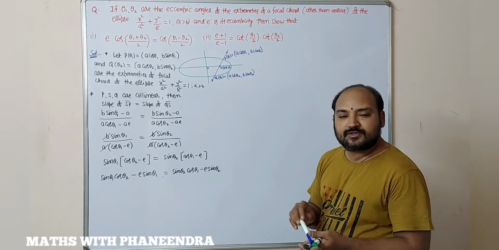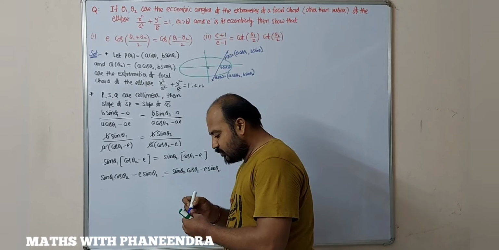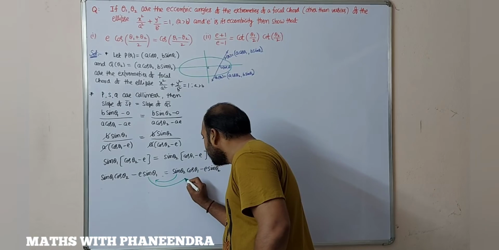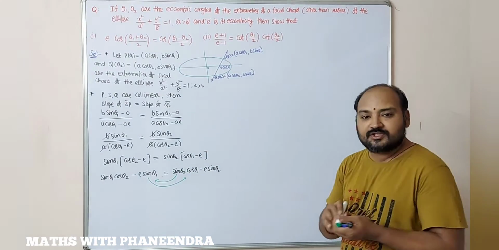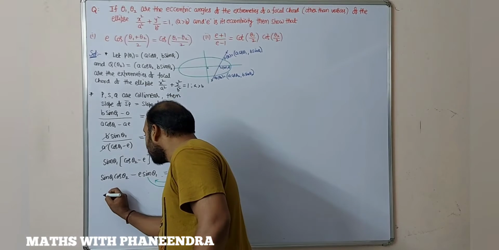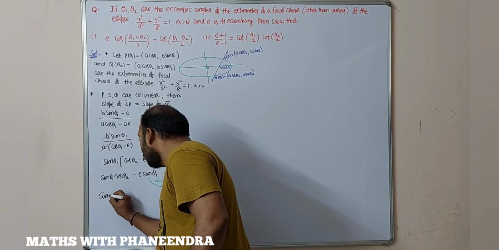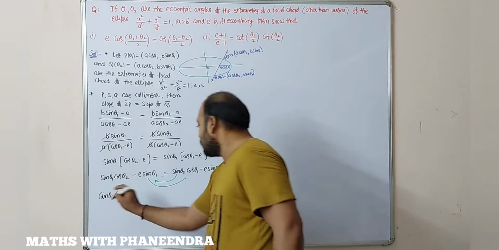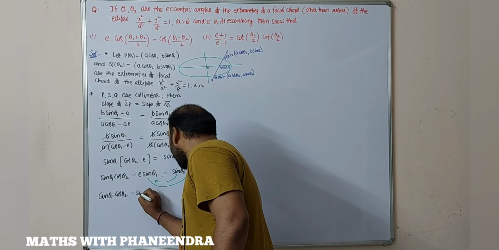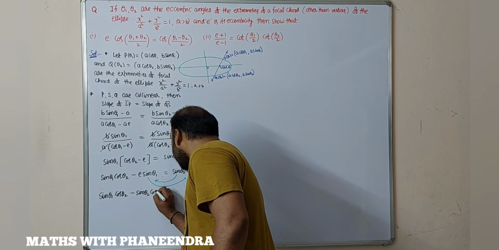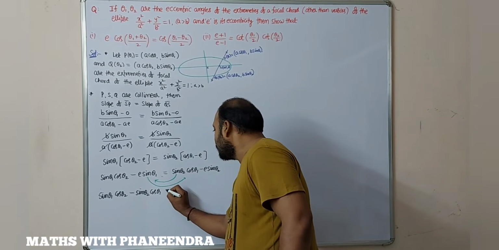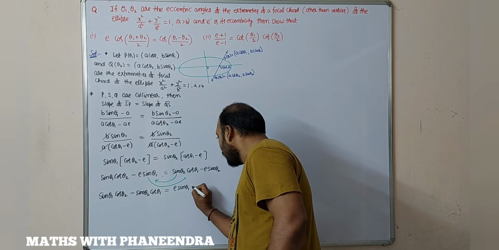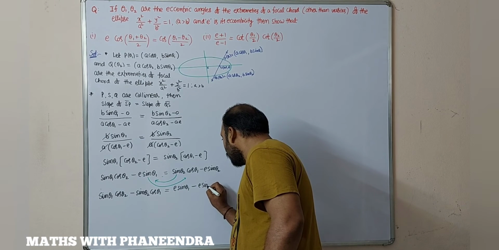Observe carefully, dear students. Sin theta 2 cos theta 1, this term I am taking into this side, and minus E sin theta 1 I am taking into this side. Therefore, sin theta 1 into cos theta 2, this value we are taking this side now. So minus sin theta 2 into cos theta 1 is equal to minus E sin theta 1, we can take here, E sin theta 1 minus E sin theta 2.